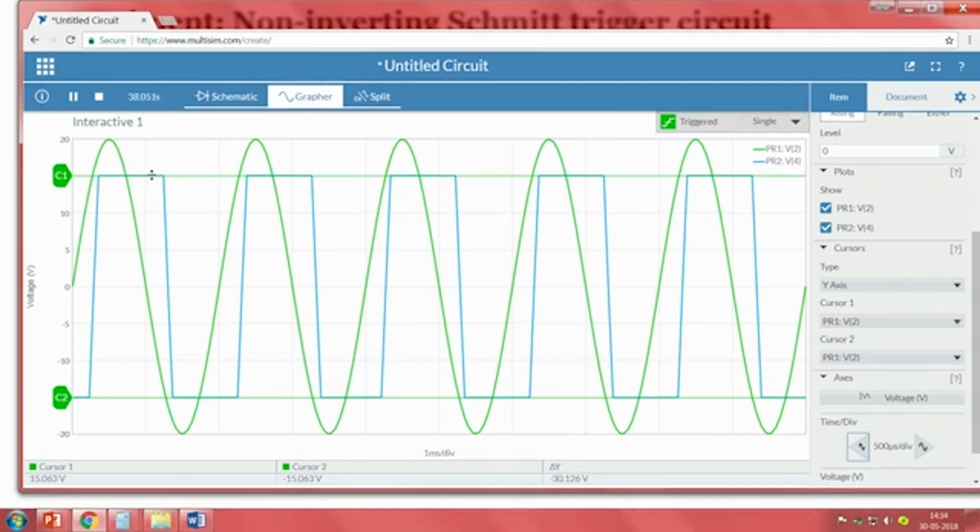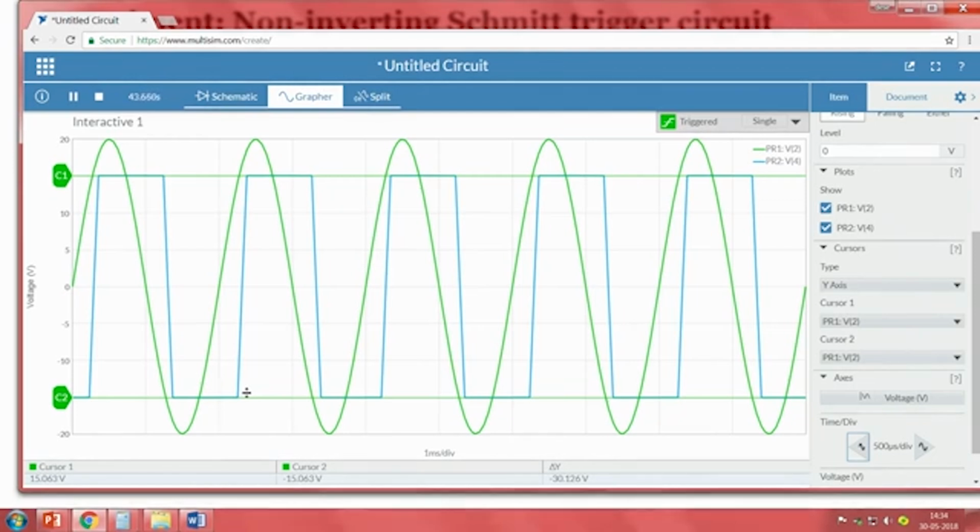So, that is why we can see this is already at plus VCC. When the input just crossed your minus VLT or VTL, the lower threshold value, then it has gone to minus VCC. Makes sense, clear? Now, we will look into the other case also.